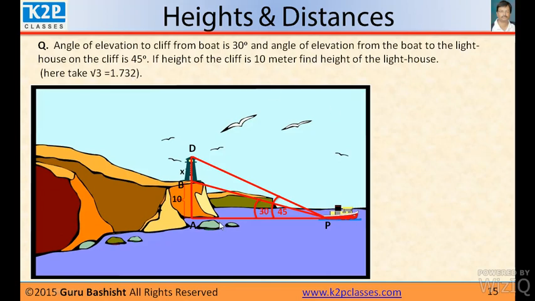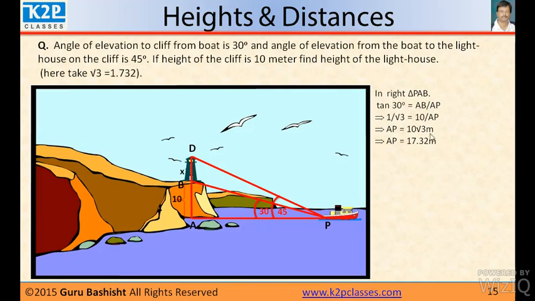Interesting question. So in the right angle triangle PAB, tan 30 degree equal to height by base. So AB by AP, 1 by root 3, AB is 10, so 10 by AP.